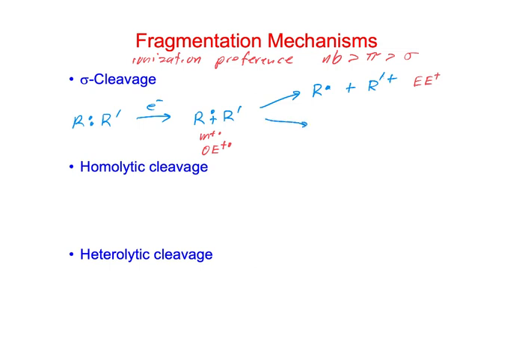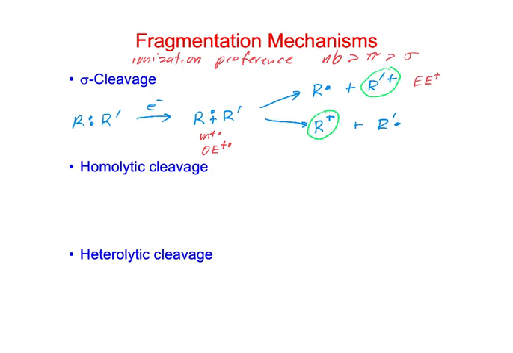Or it could fragment in the other direction, so the R is the plus, and the R prime is the radical. Remember, when we run the spectrum, all we will observe is the cations. We don't observe the radicals. They just get pumped out into the vacuum pump.